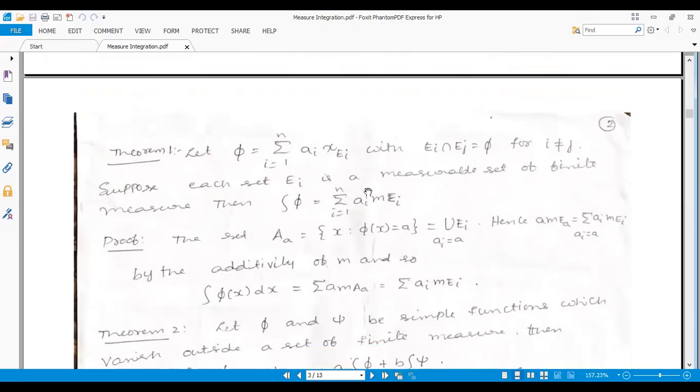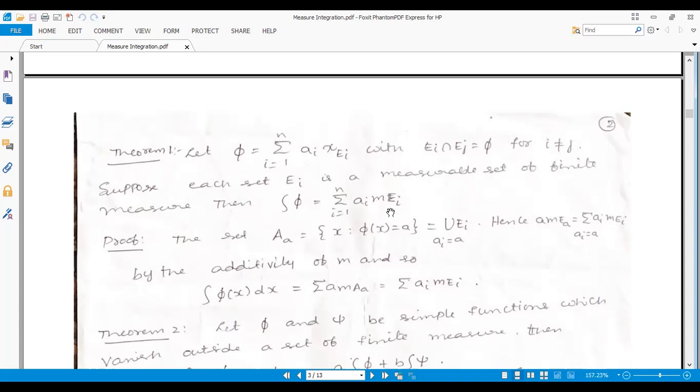Here there is a simple function given in a canonical representation, the sets Ei must be disjoint, and whatever Ei's you choose must be measurable sets of finite measure. If these properties hold, then the integral of phi must be equal to summation i running from 1 to n of ai into m(Ei).